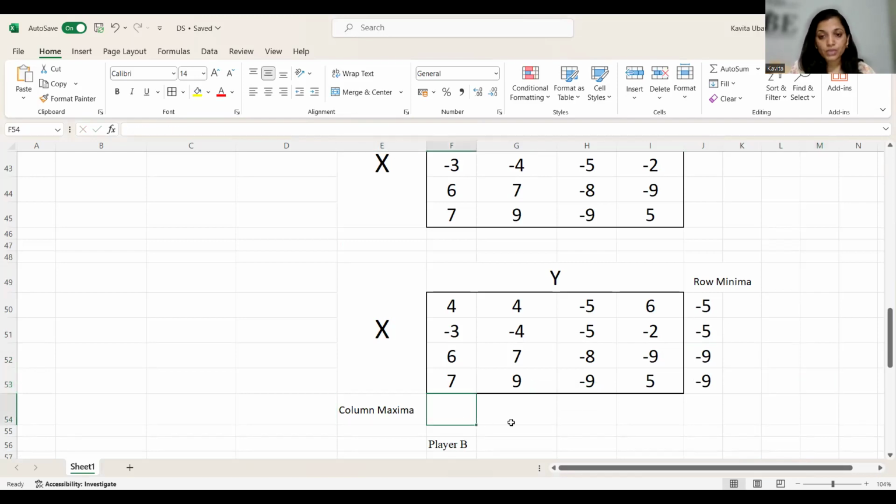Now we are going to calculate the column maximum here. These are the 4 columns. So the maximum figure from each particular column, we are going to write here. The maximum from column number 1 is 7. Then from column number 2 it is 9. I hope you all are getting me.